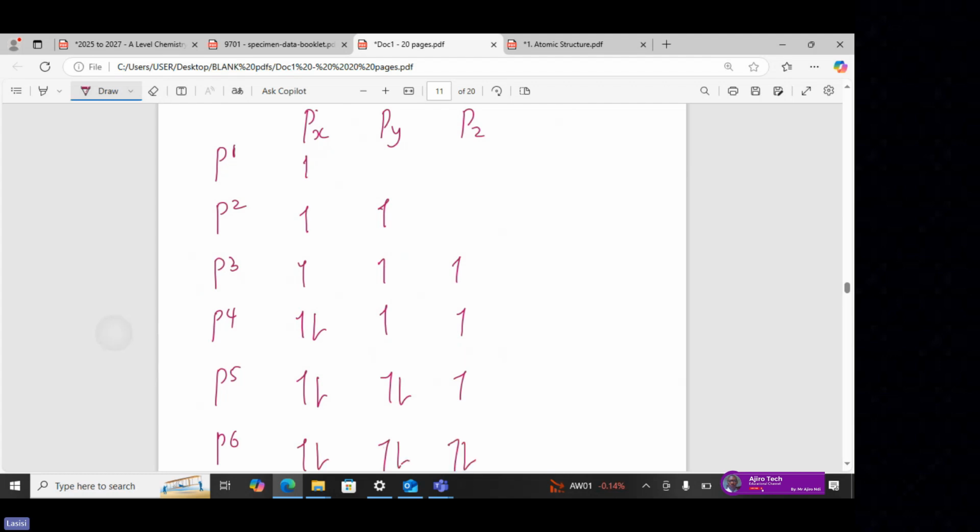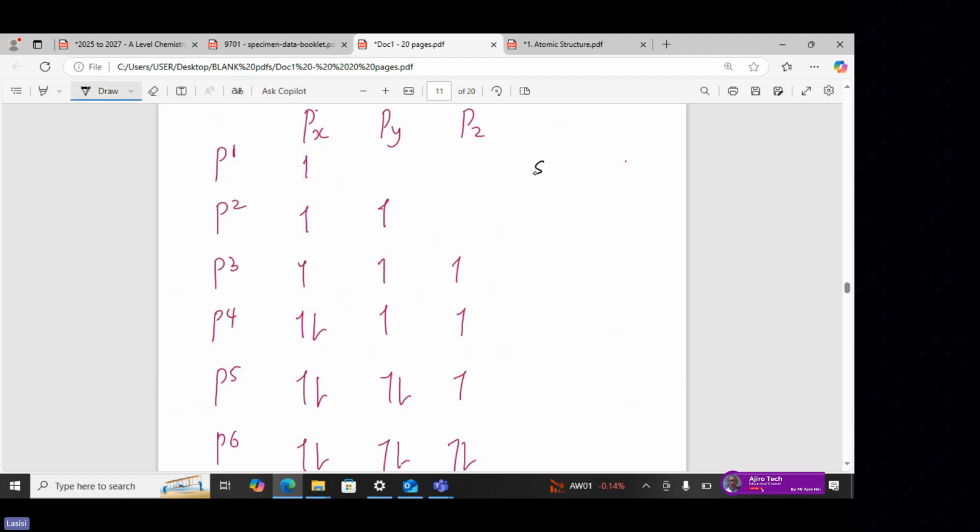Is that okay? So question 1: which of these p arrangements, p1 to p6, is symmetrical? Symmetrical means even, equal.